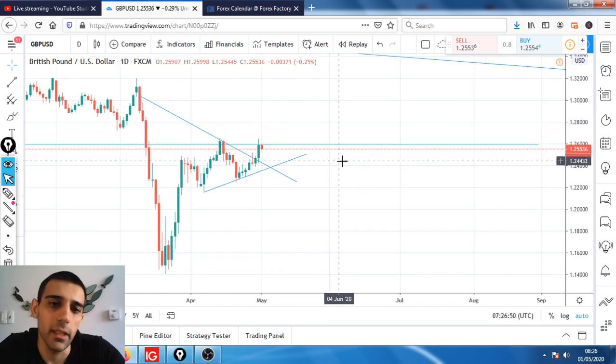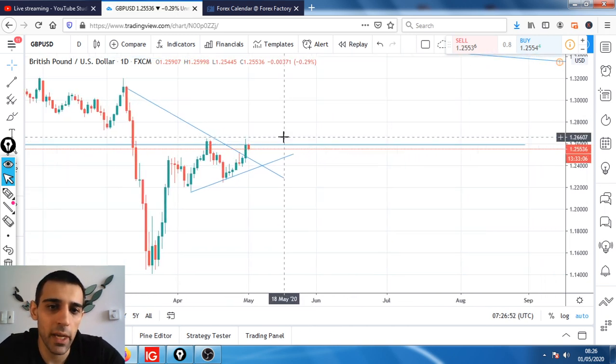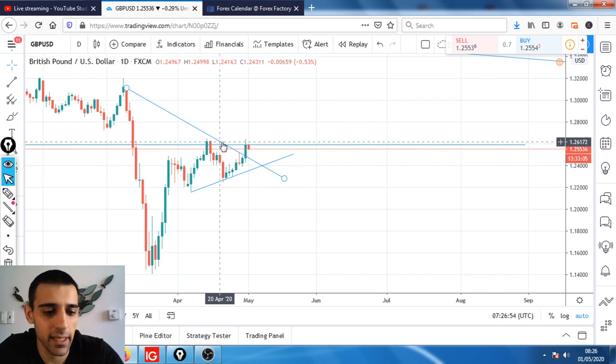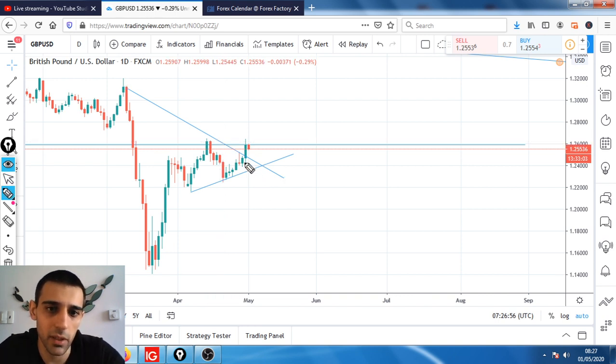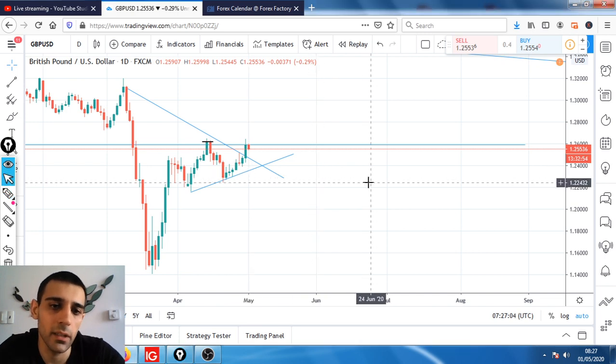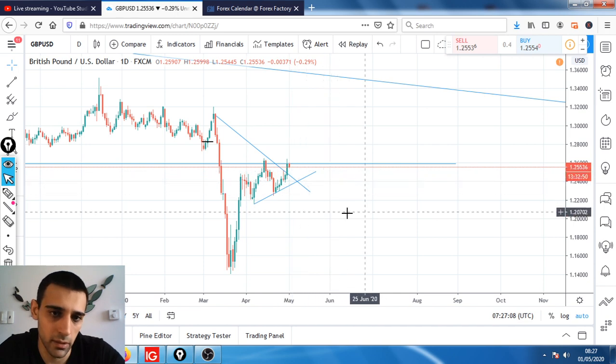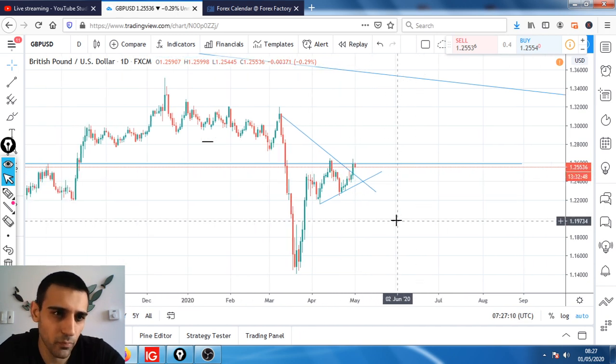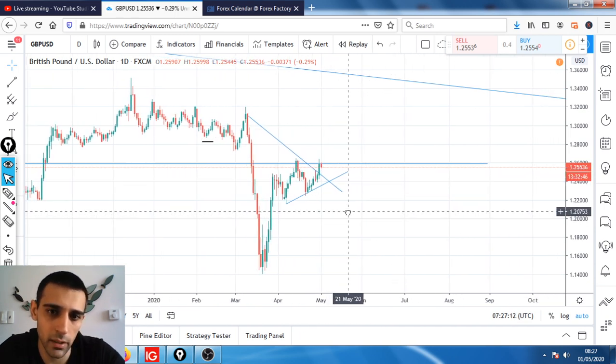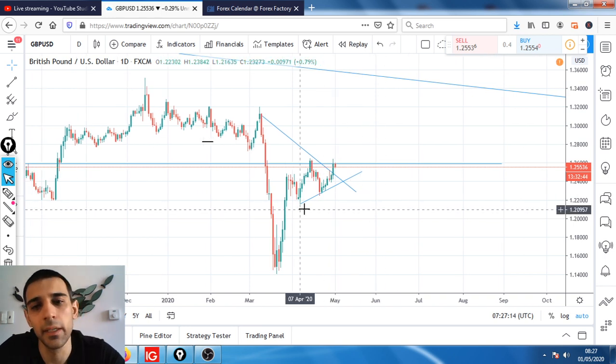So yeah, the price made its way to these highs. I've been talking about this one, if the price breaks it. So it did break this trend line, and now it tested this daily high up here. Now it's having a reaction to the downside, but it's only a retracement so far.